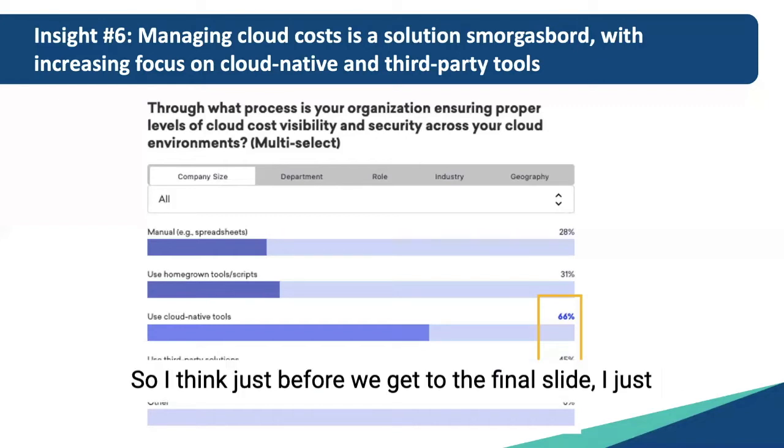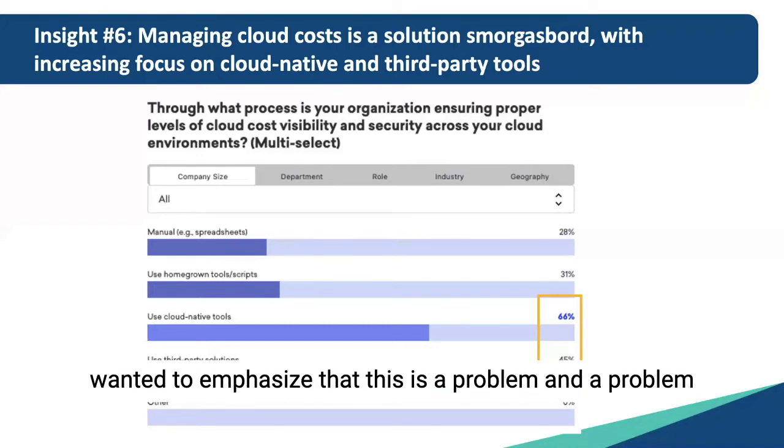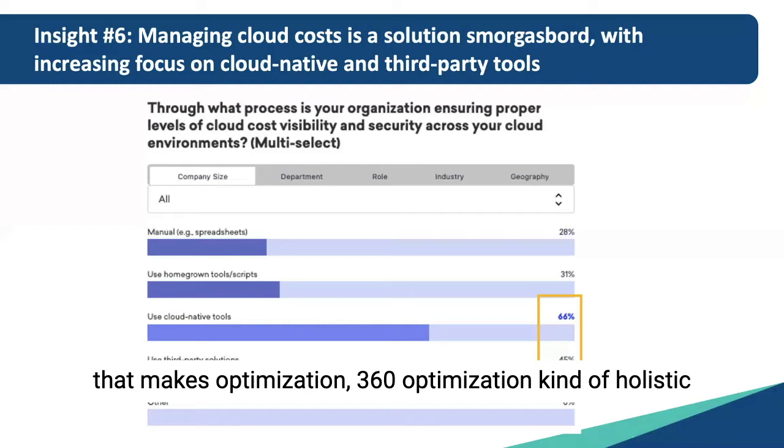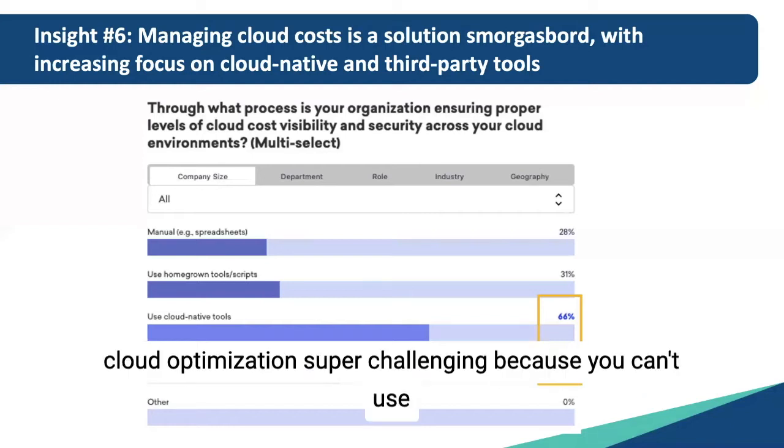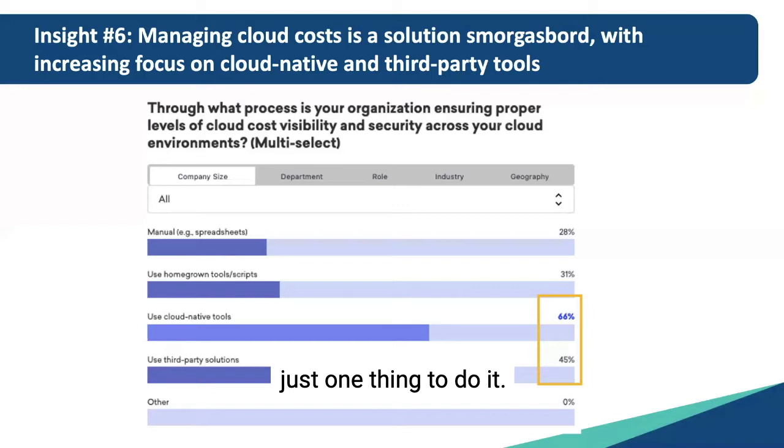Just before we get to the final slide, I wanted to emphasize that this is a problem that makes optimization, 360 holistic cloud optimization, super challenging, because you can't use just one thing to do it.